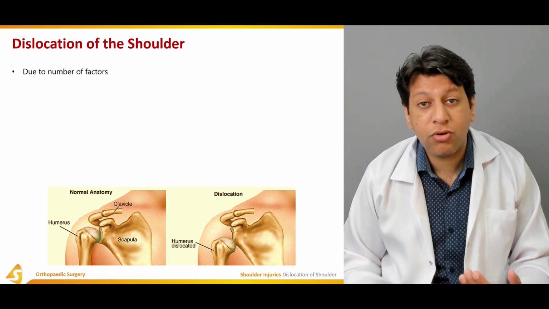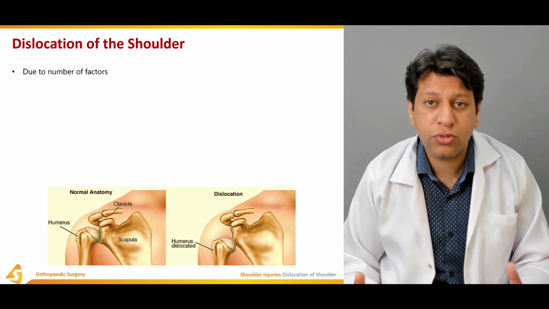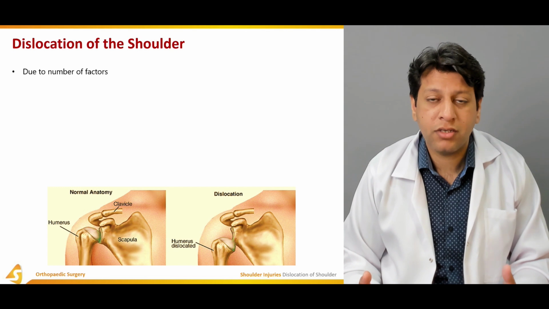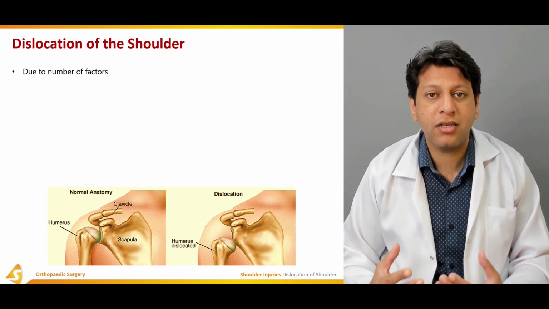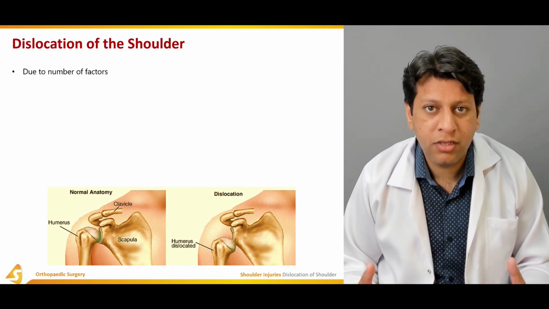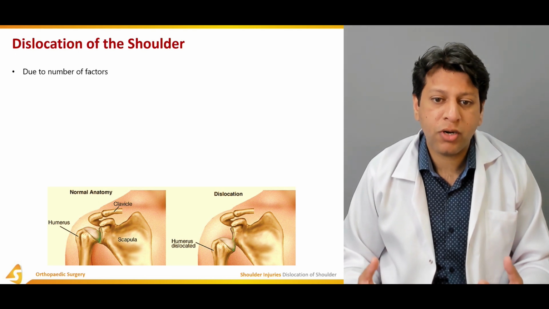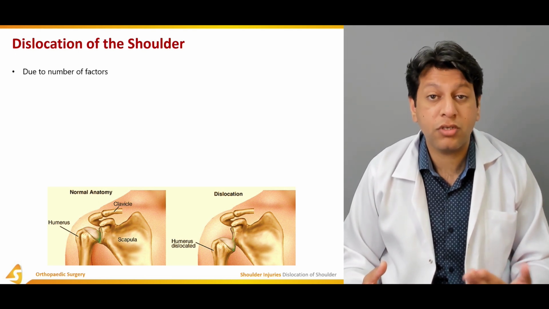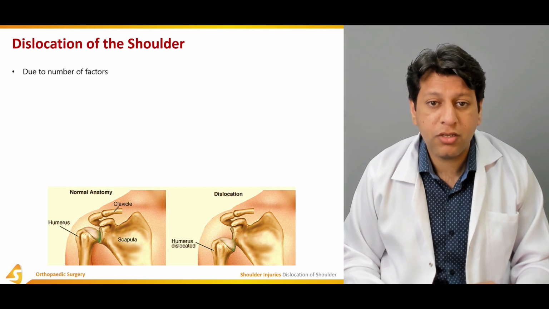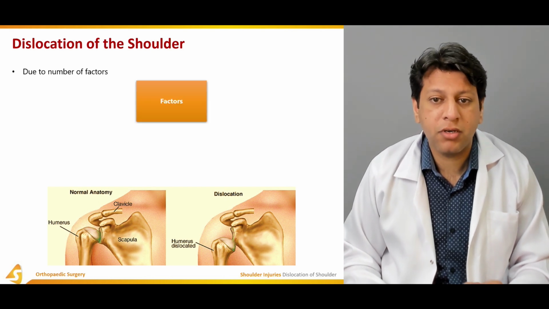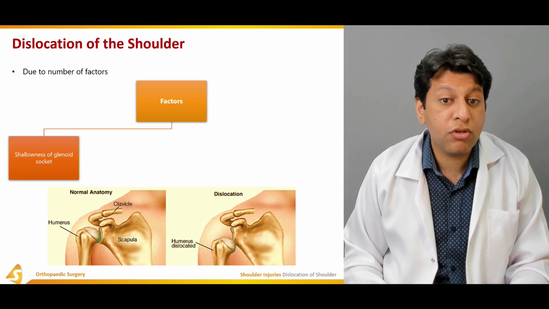But at the cost, it also inherently puts the shoulder at risk of dislocation, because it makes the shoulder joint unstable. This is why shoulder dislocations are very common, usually seen in the ER departments. Factors could be shallowness of the glenoid socket.